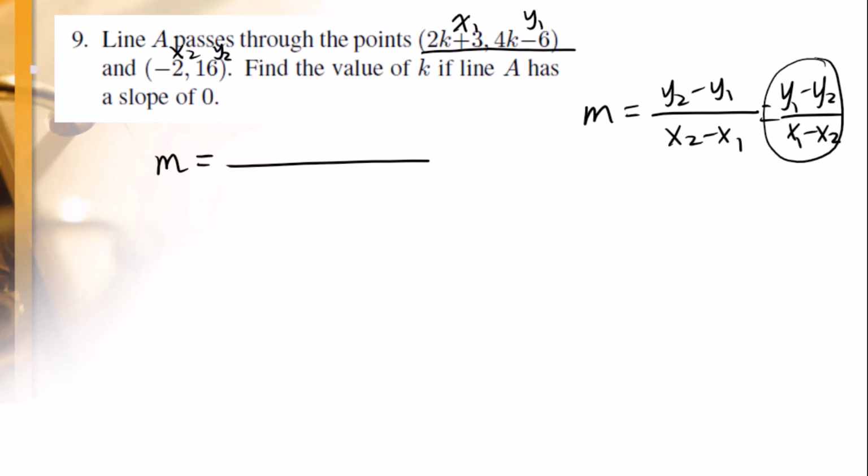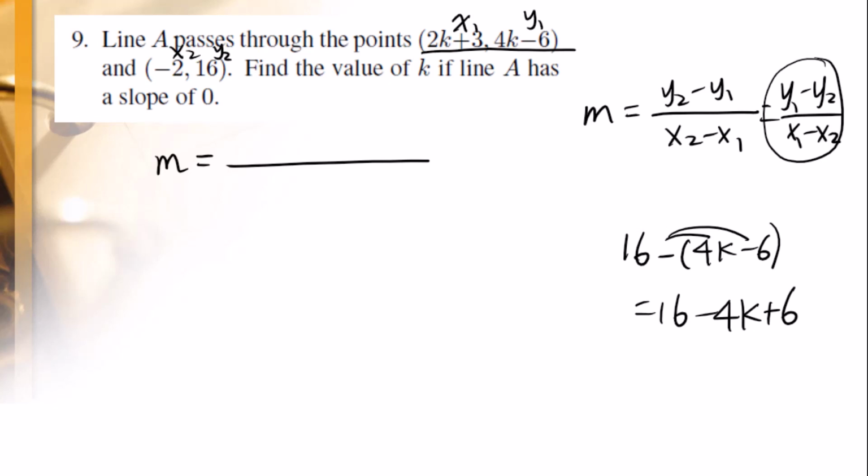Otherwise, you have to put parentheses when you do the subtraction. 16 minus (4k minus 6) gives you a lot of trouble. So sometimes you have to consider what kind of formula is best to use. (4k minus 6 minus 16) over (2k plus 3 minus negative 2, which is plus 2).